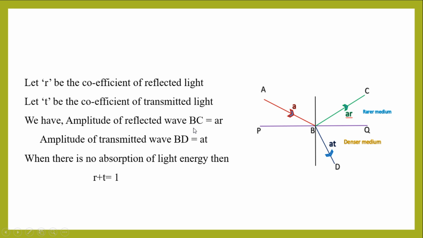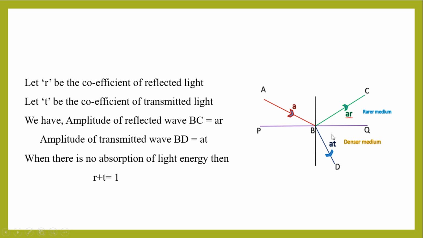Amplitude of reflected wave BC is equal to AR. Amplitude of transmitted wave BD is AT. When there is no absorption of light energy, then we can write R plus T is equal to 1.